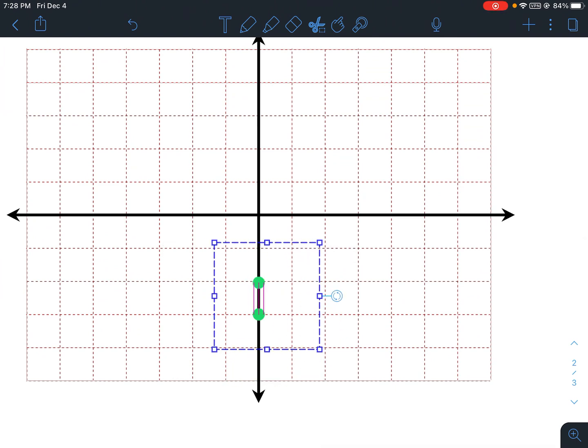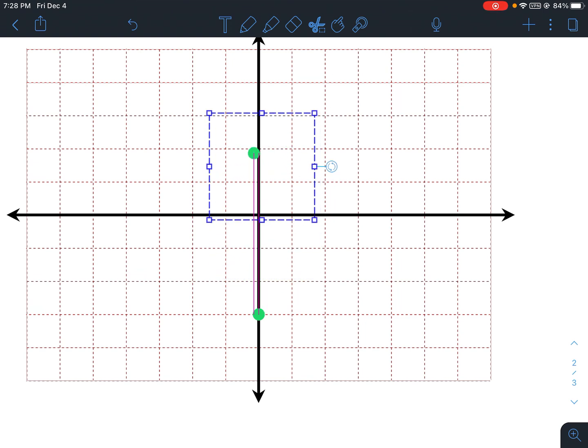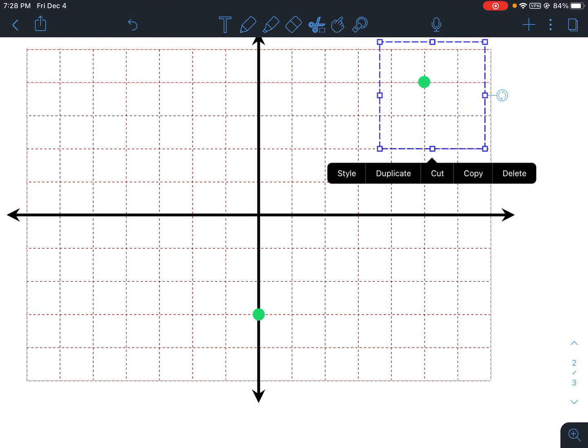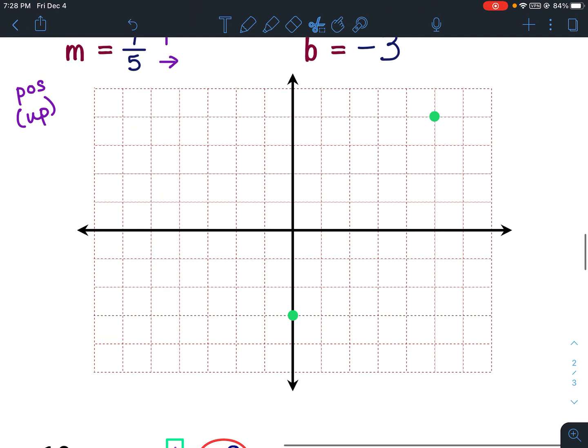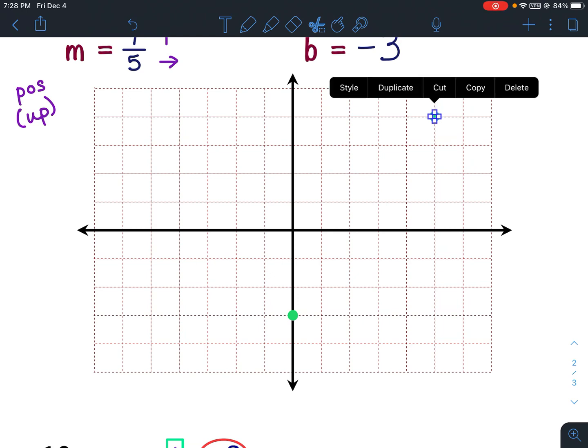Up 7: 1, 2, 3, 4, 5, 6, 7. And then to the right 5: 1, 2, 3, 4, 5. And that's it. Those are the only 2 points that I could fit on this graph. I can't go up 7 more, and I can't go down 7 more. So those are the only 2 points you need to graph this line.